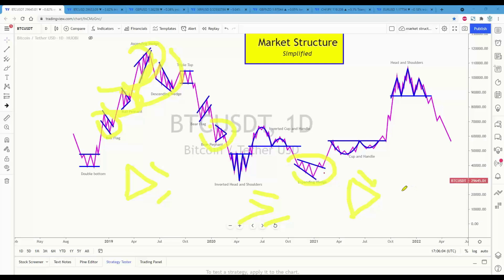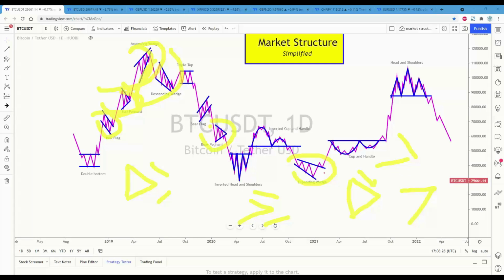An ascending or descending triangle has a horizontal line and another line coming at it at a different degree. A wedge has two angles at different degrees coming towards each other. Okay. So let's simplify all this and call them all triangles.